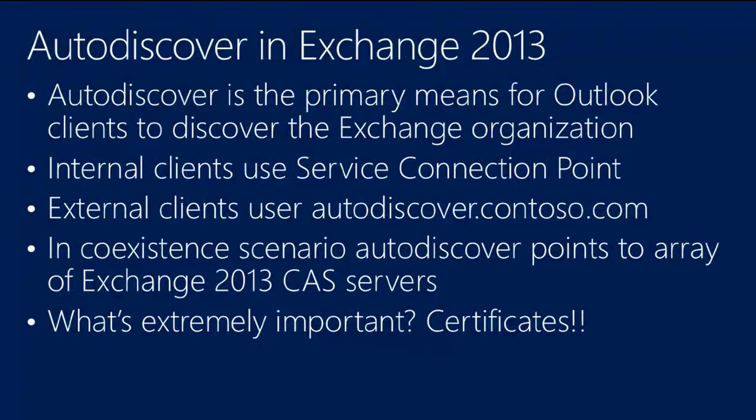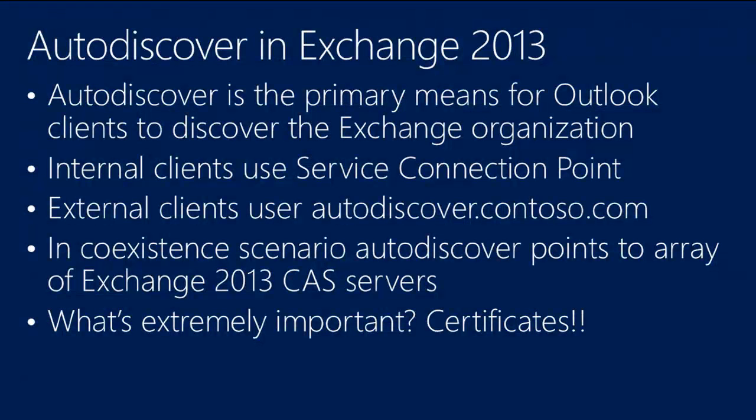And an important one is, there are two ways of getting your AutoDiscover to your clients. If your client is domain joined and connected to your domain, it will always use the service connection point, or SCP record. In the SCP record, it will find the URL to connect to your Exchange environment and get those details.